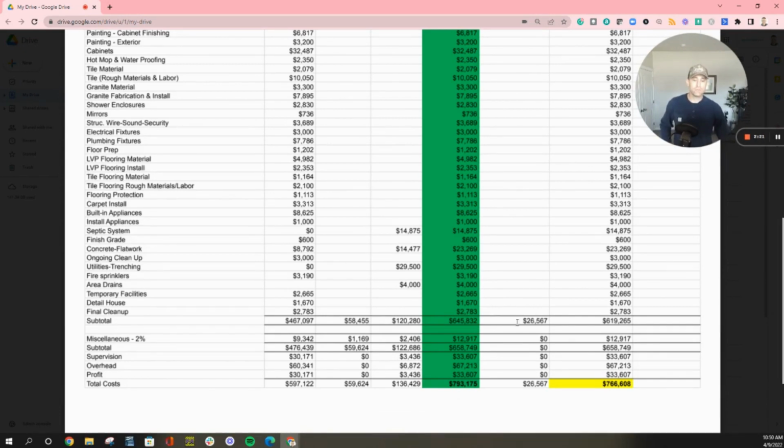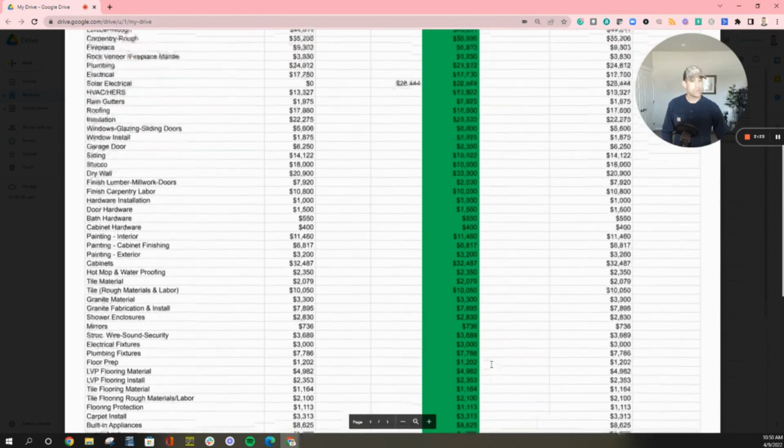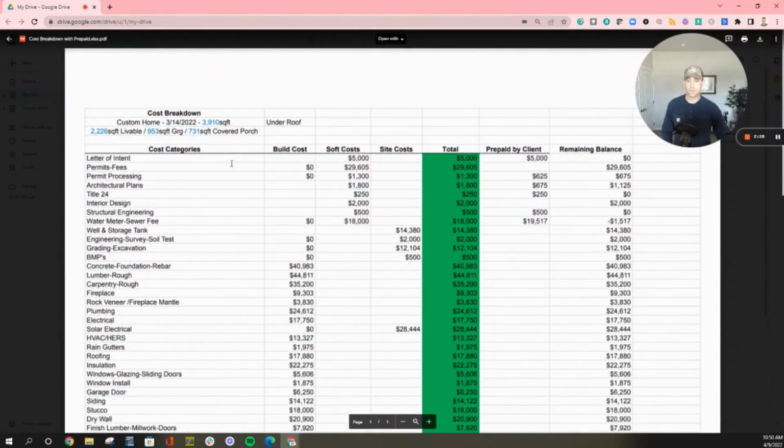So what you end up having to do for the lender is, typically during the process of starting to build your home, you will have plans and design. You may have some consulting fees. You're going to have some permits and fees, other things that are paid up front. So those are before you can actually get any money from the bank.